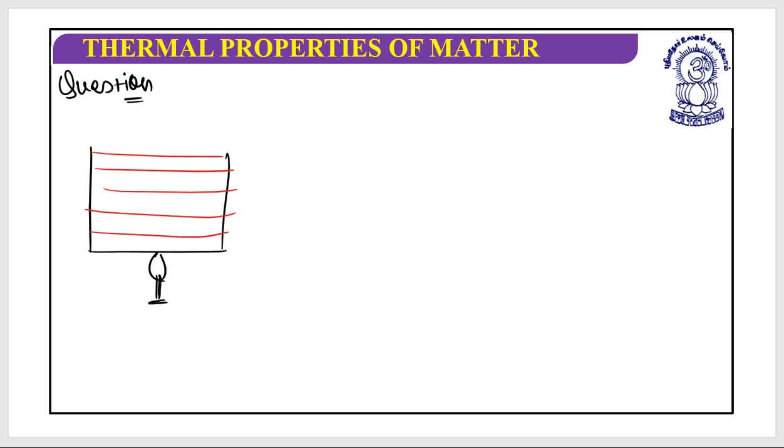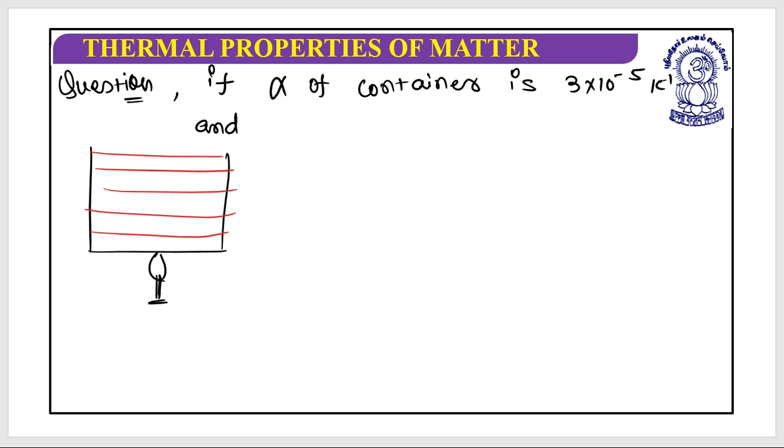As you can see, let's say alpha of container is 3 into 10 to the power minus 5 Kelvin inverse, and gamma of liquid is 5 into 10 to the power minus 5 Kelvin inverse.